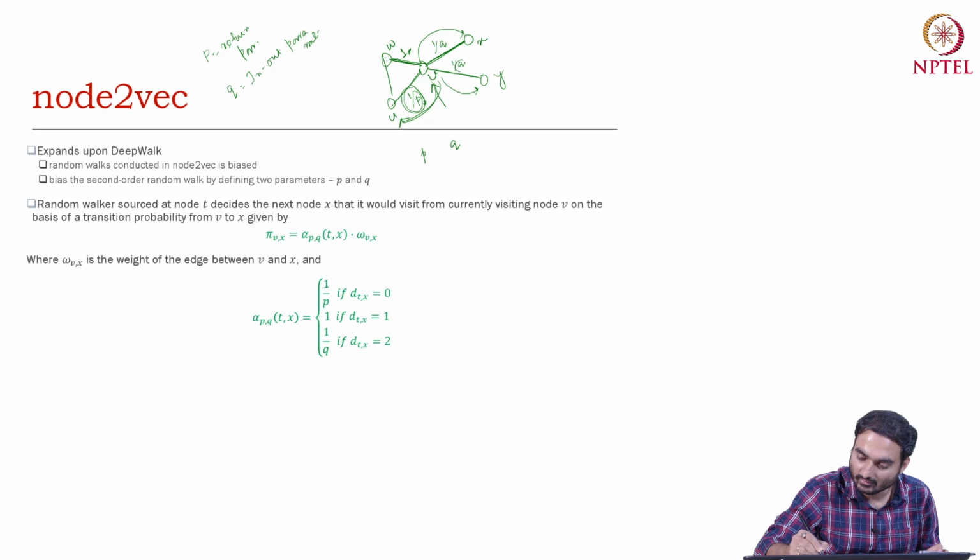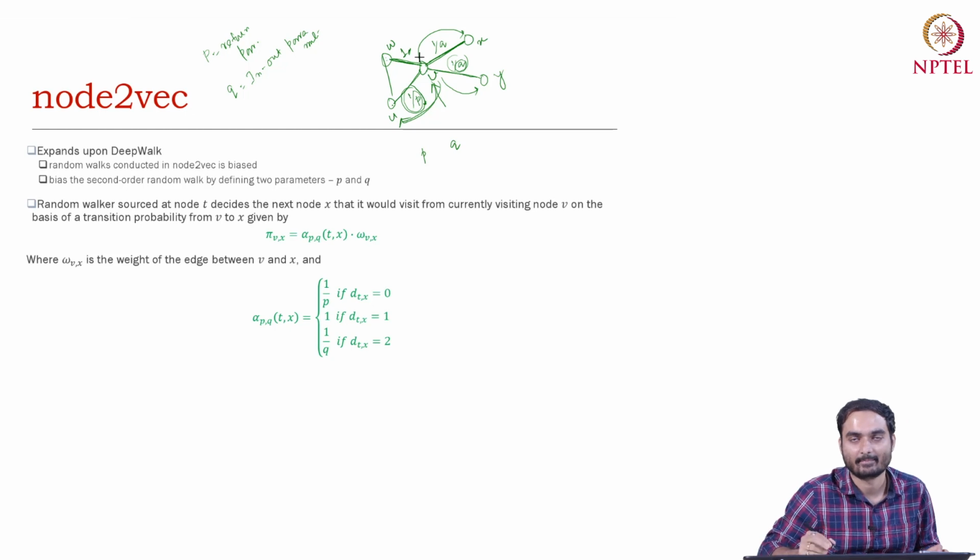If you decrease Q, this will increase, meaning you encourage DFS. So, Q controls the in-out movement, and P controls the return kind of movement. Okay. So, this is the idea.